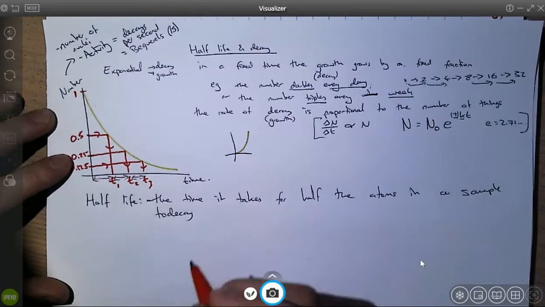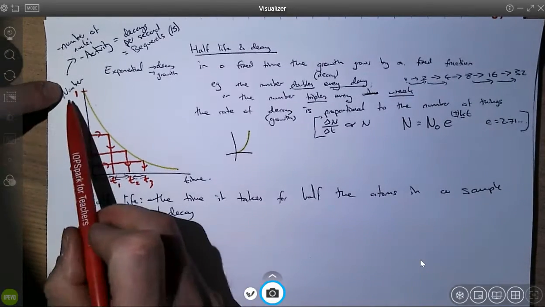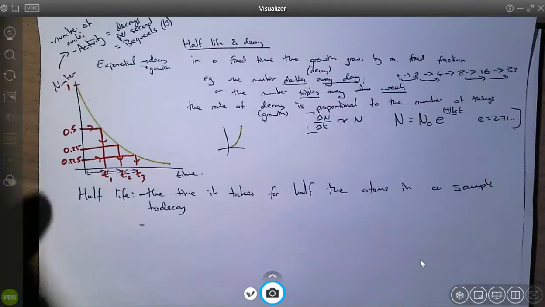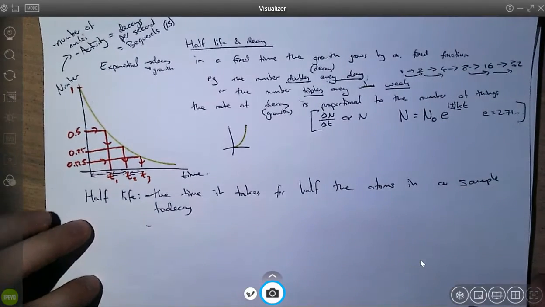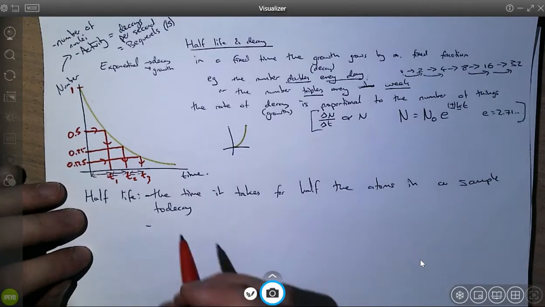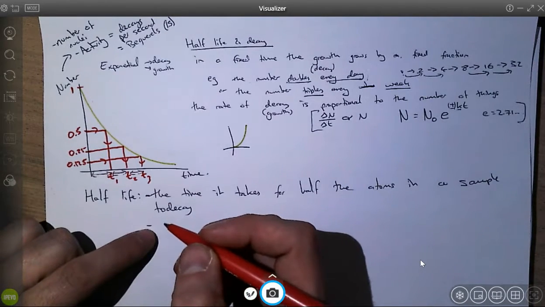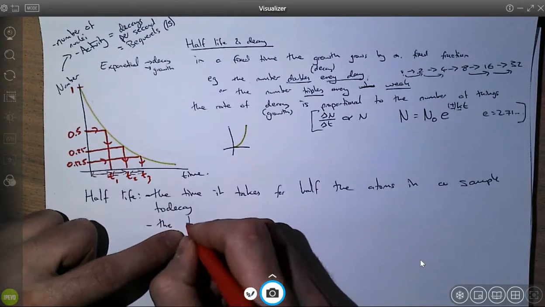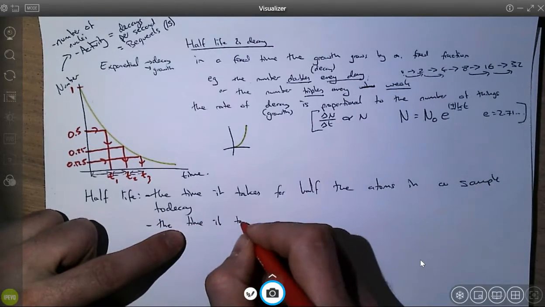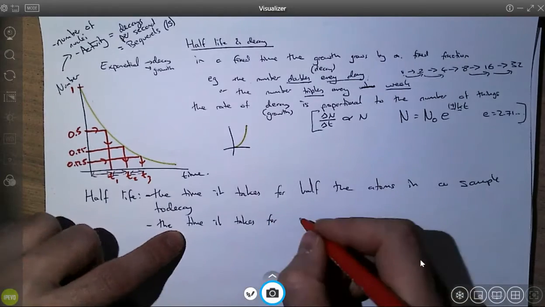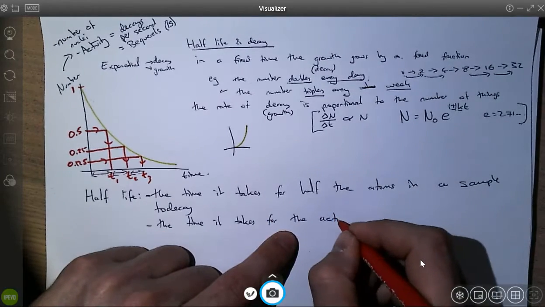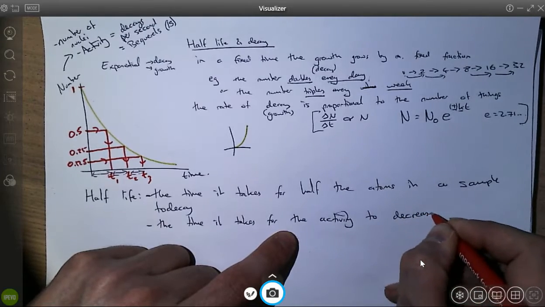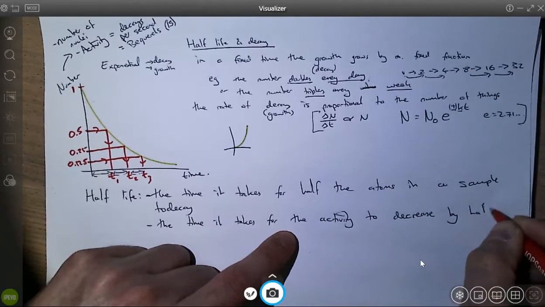Now, like I said, the y-axis can be labelled in a number of ways, which gives us a couple of different definitions for half-life. This does catch students out because they have to be flexible in their understanding of what the half-life means. So it could also be worded like this: the time it takes for the activity to decrease by half.